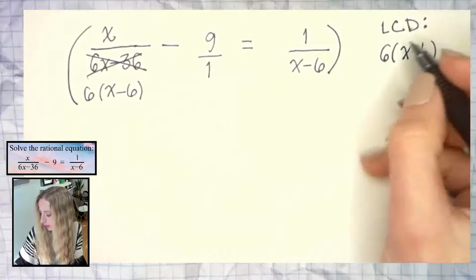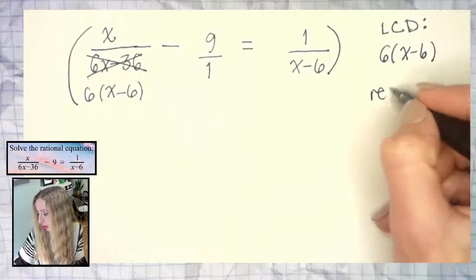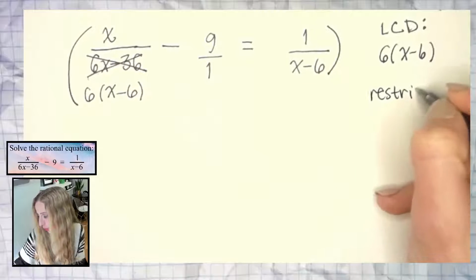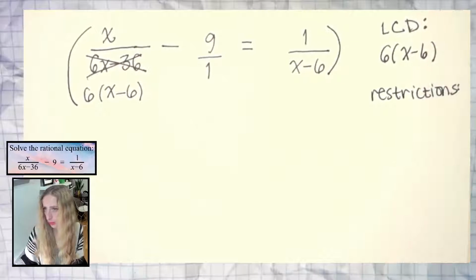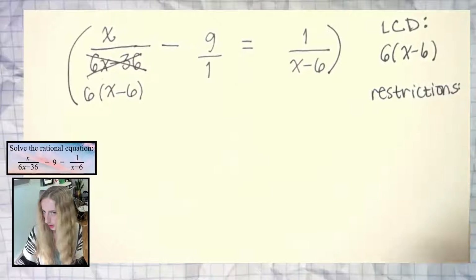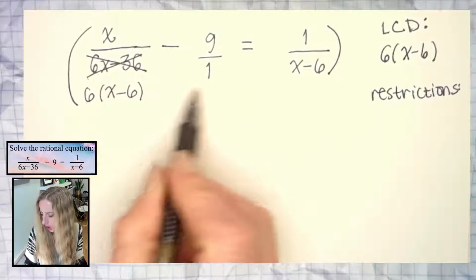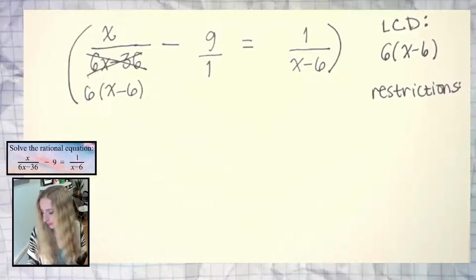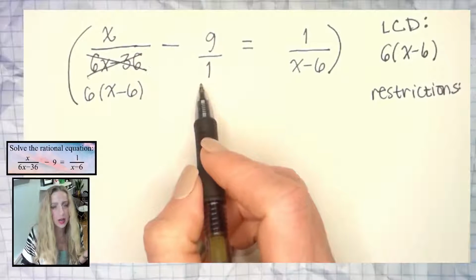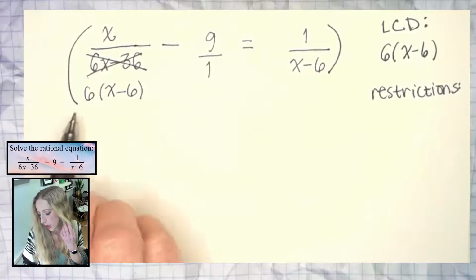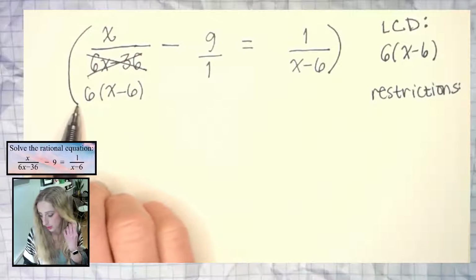Totally fine, totally legal. What about our restrictions, which we should try to remember to write down before we go too far? Well, our denominator can't ever be 0 in a fraction. Is it possible for 1 to ever equal 0? No, 1 is a constant. 1 will never equal 0. Is it possible for 6 to ever equal 0?